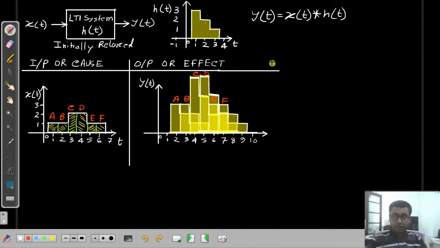Okay. When we calculated this convolution or the output, what did we do? We chopped the input into narrow slices and calculated the output for each of the slices and added them all.